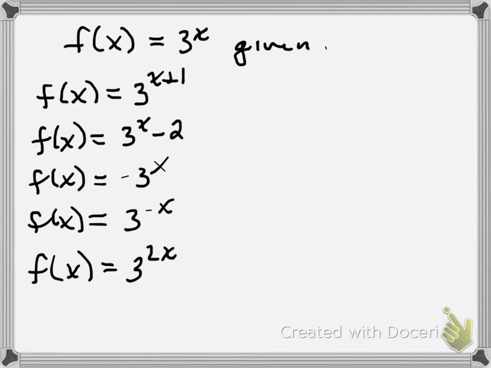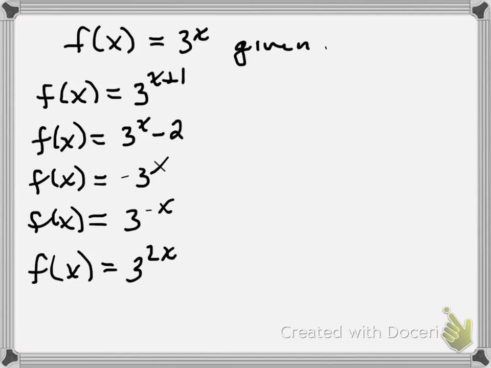Very quickly I just want to go through this. Again, this should be review, but if we're given that f of x equals 3 to the x, what type of transformations take us from f of x equals 3 to the x to the following equations?